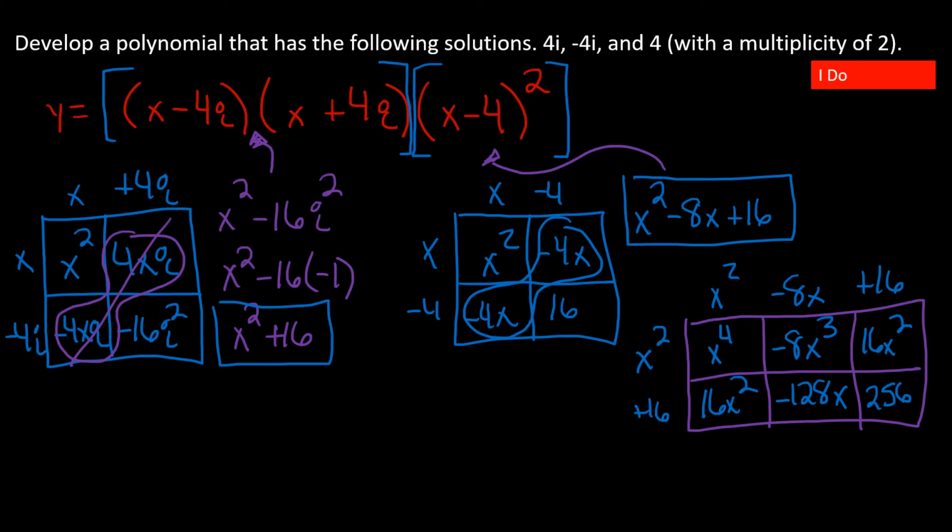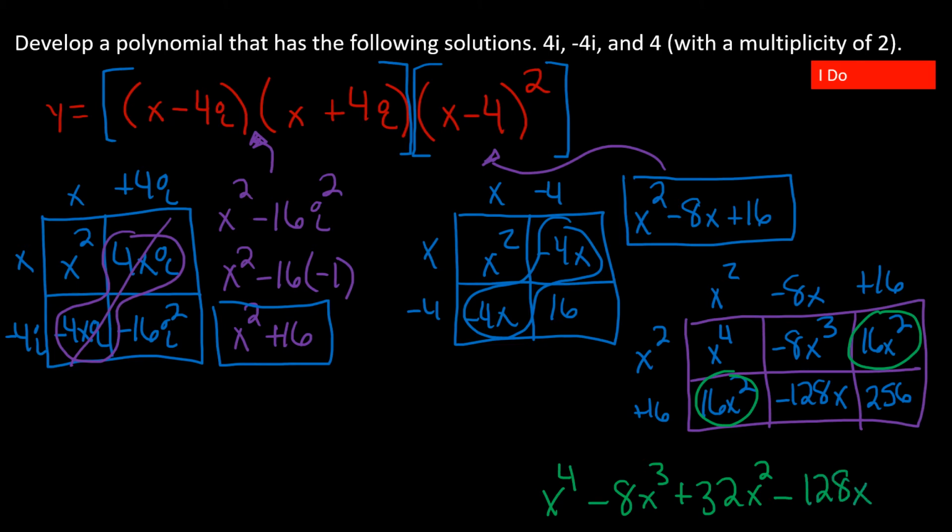We need to identify that we are going to have some like terms, right? We have this guy and this guy. So our final answer here would be x to the 4th minus 8x cubed. 16x squared plus 16x squared would be a positive 32x squared, minus 128x plus 256.